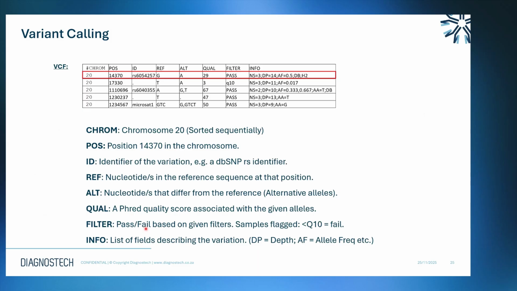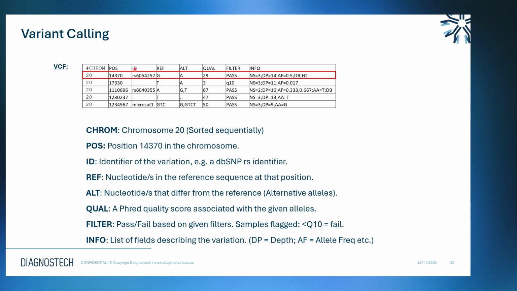Now looking at a VCF file in a bit more detail, I'm highlighting this one line at the top. These are all from the same sample, but we're looking at different variants at different positions in the chromosome. The first fields tell us this variant is on chromosome 20 at position 14,370. This field is pulling through the RS SNP ID. You won't always see this, because sometimes there isn't an RS number for a SNP.